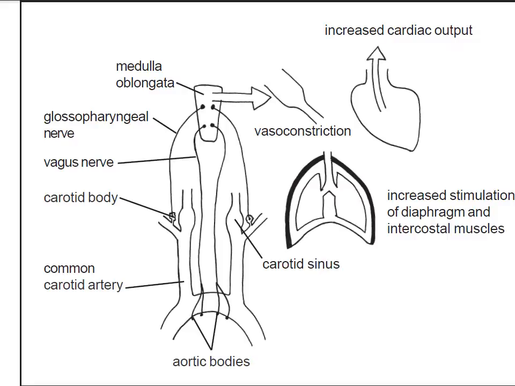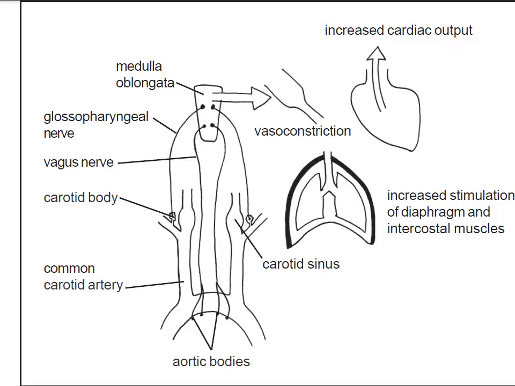But the central chemoreceptors are not sensitive to the amount of oxygen, they're sensitive to the amount of carbon dioxide. It's these peripheral chemoreceptors in the aortic arch and the carotid bodies that are sensitive to the amount of oxygen. And peripheral chemoreceptors are particularly sensitive to oxygen lack.